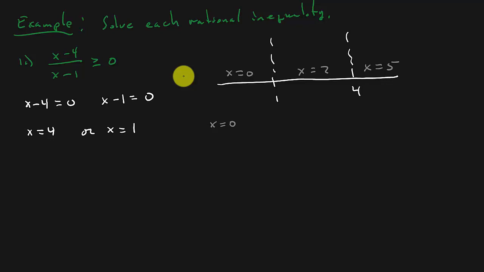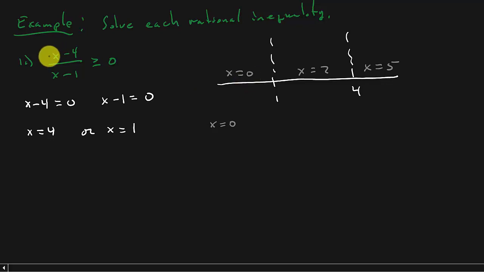So if I plug 0 into the numerator, 0 minus 4 is negative 4, which is a negative number, divided by, and then we plug 0 in for x in the denominator. 0 minus 1 is negative 1, which is a negative. A negative over a negative is positive, and so this is positive.